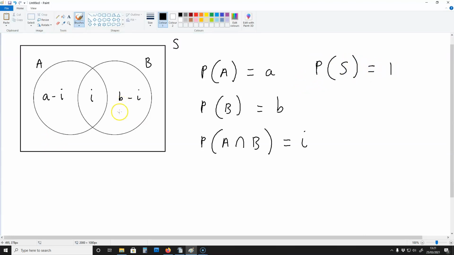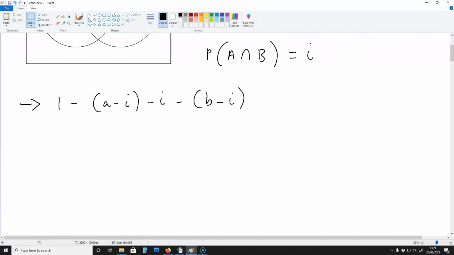What this will mean is that the blank space is going to be equal to 1 minus A minus I, minus I, minus B minus I.